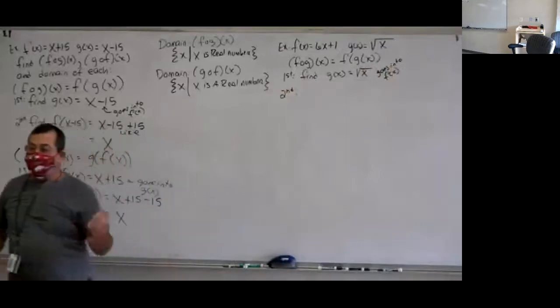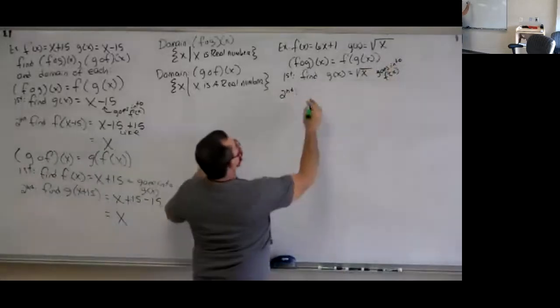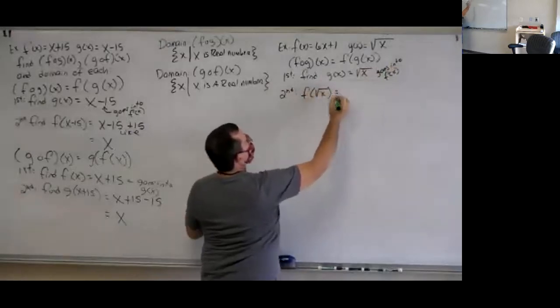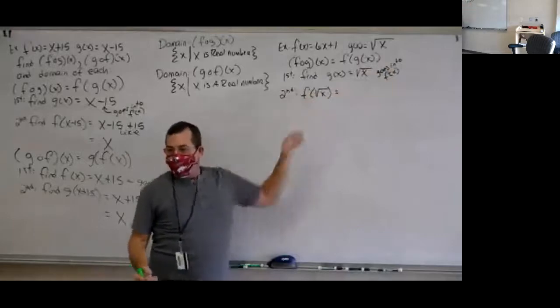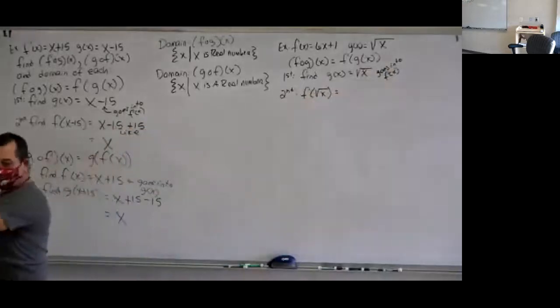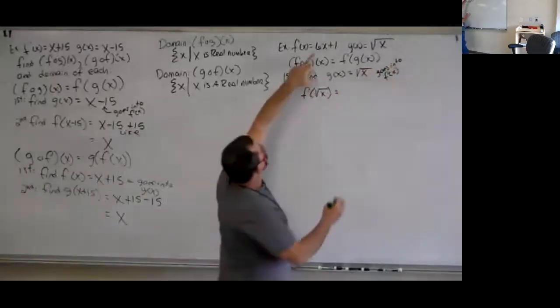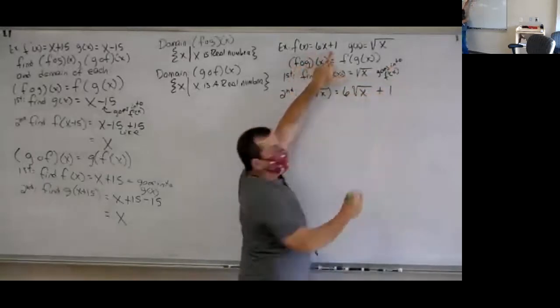So you notice basically on these problems, when we don't give you a number, you're taking the second function and throwing it into the x's on the first one, okay? That means I'm going to be finding f of a square root of x. Remember, I'm just putting that here because that's telling me what I'm putting in for those x's, right? So f is a 6 times this x, which was the square root of x, plus 1.